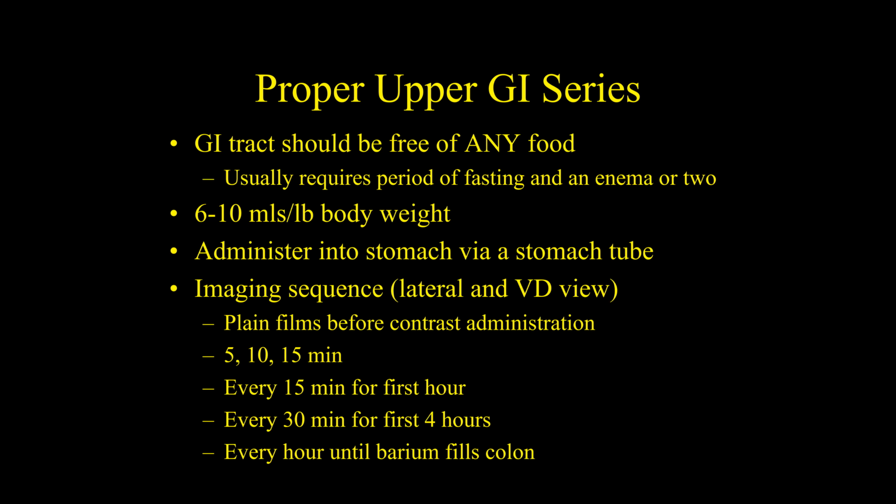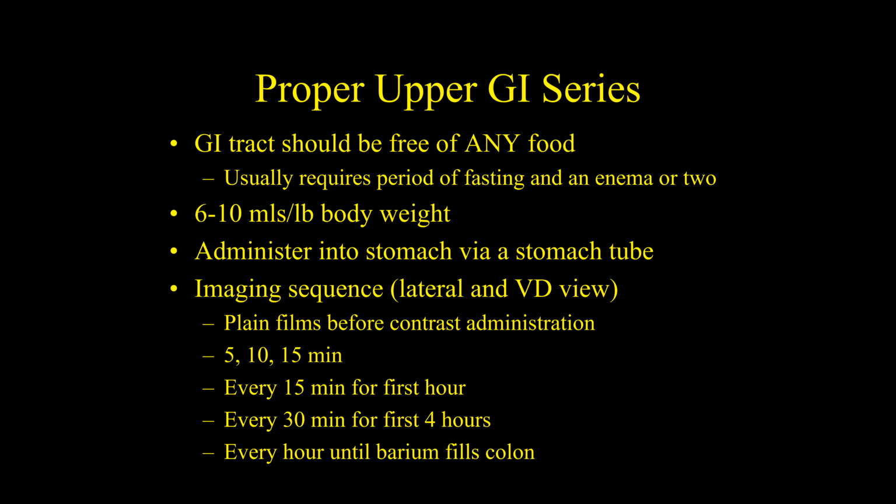The reason being is if you have some food in the stomach and then you get barium with it, it's hard to tell if it is food or a foreign object, because it's all going to look the same. You're going to have this barium solution mixing with whatever's in the stomach, and you can't decide if it's food or if it's a foreign object. Okay, so make sure that the stomach and the small bowel are free and don't have nearly any ingesta at all in them before you even start the upper GI study.